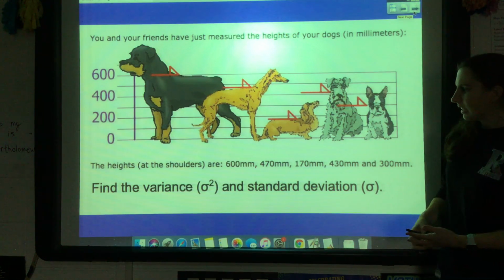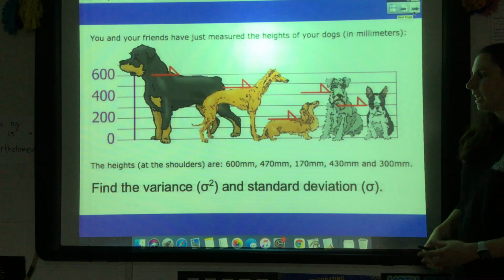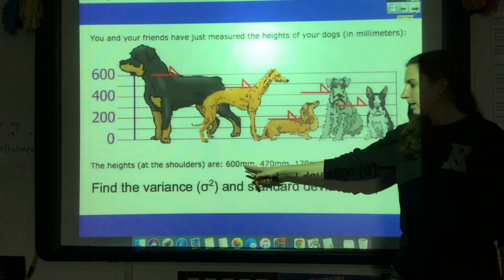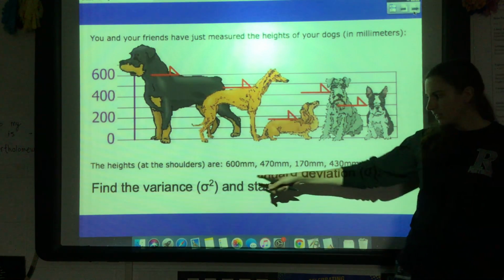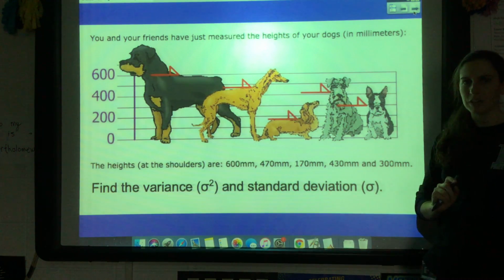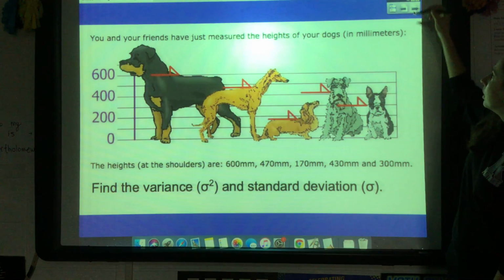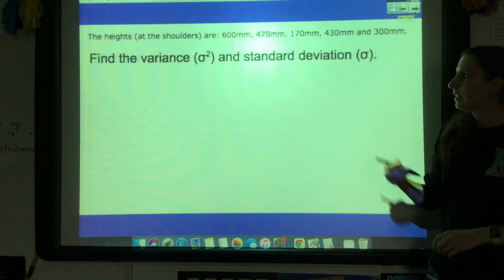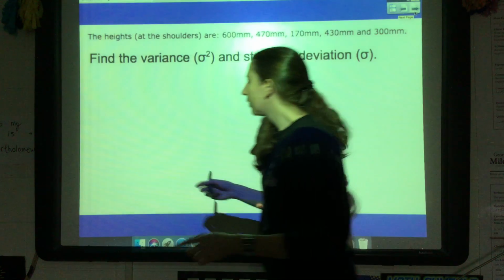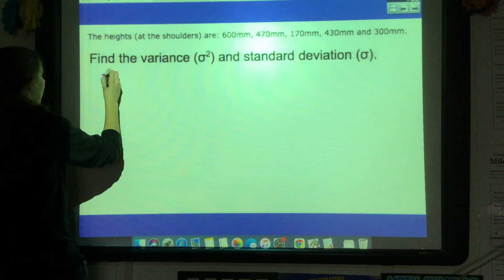So imagine we measure some dogs, and here are their heights, all these different millimeter measurements. I want to find the variance and standard deviation. Here are the numbers that I've got. First thing I'll do is find the mean, which we call x bar.